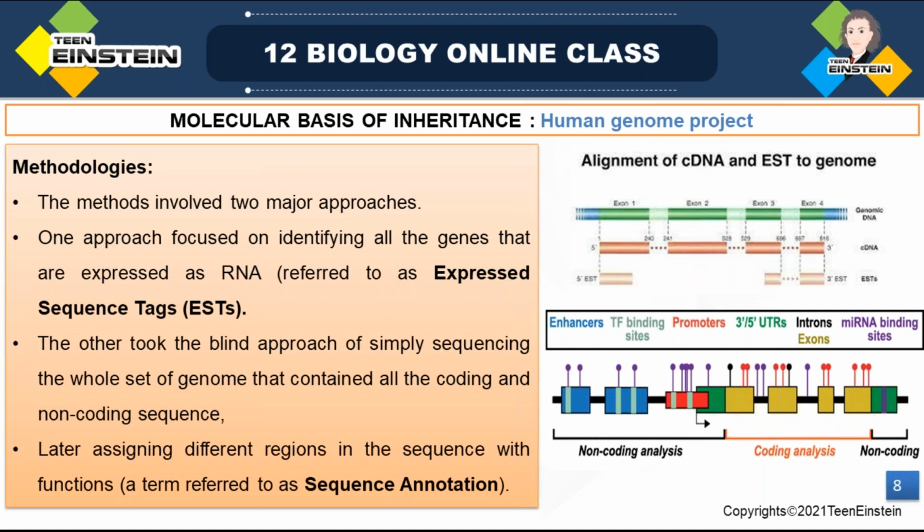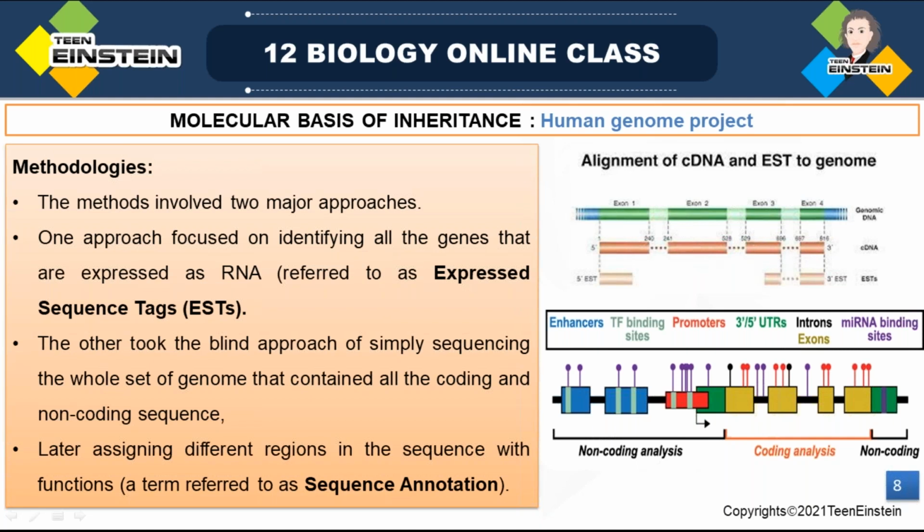But here, the whole genome contains coding and non-coding regions. In EST, here only exon 1, exon 2, exon 3, exon 4, only expressed sets are tagged or identified.